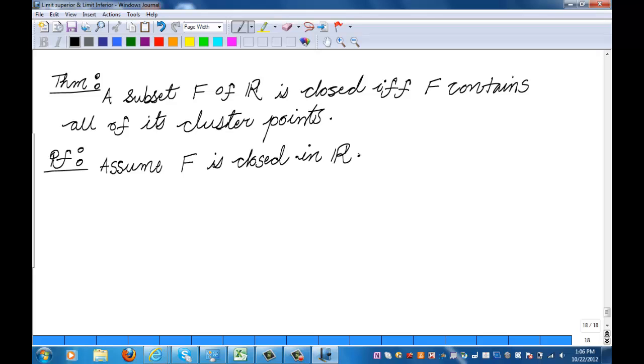Any ideas, anyone? If I pick a cluster point, I have to show that the cluster point belongs to F, right? So let X be a cluster point of F. The question to you is, how do you show that X belongs to F?